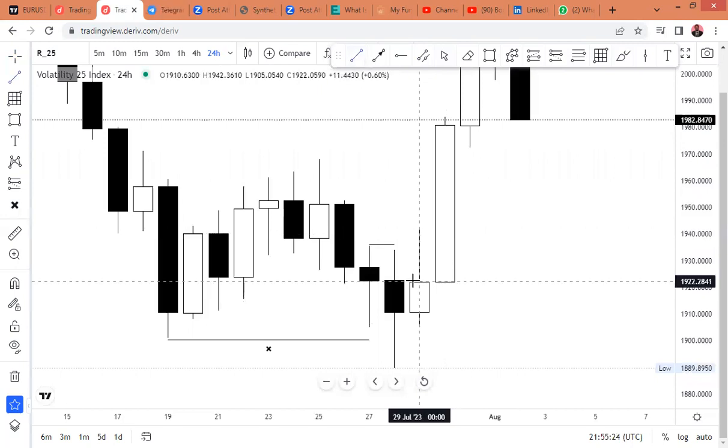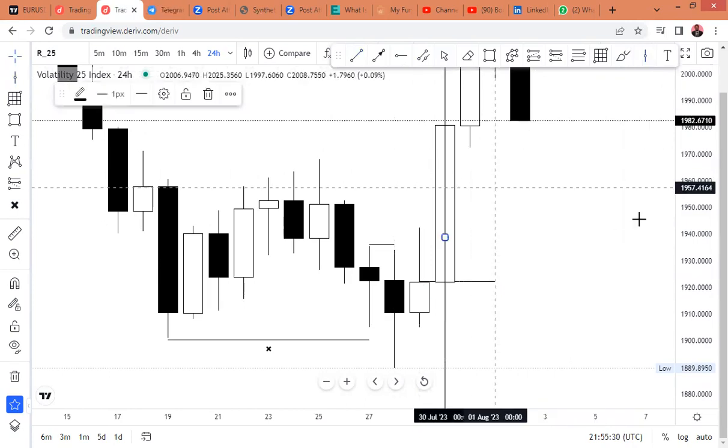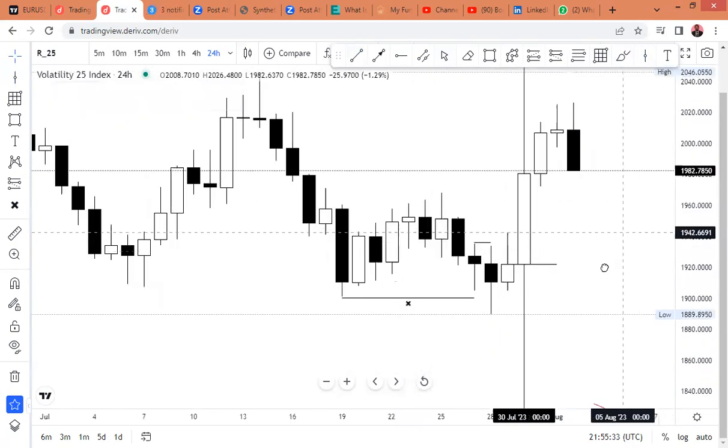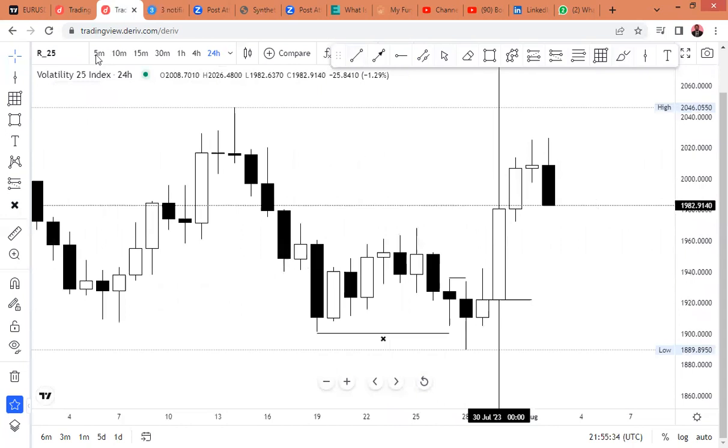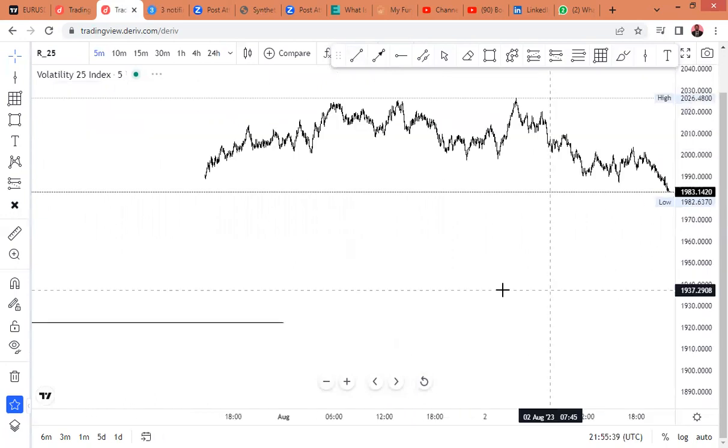Let's see whether I would have gotten an entry from it on this candle. I doubt it. This candle moved so powerfully, like, let's say on 5 minutes, if we had gotten an entry on that candle that day.